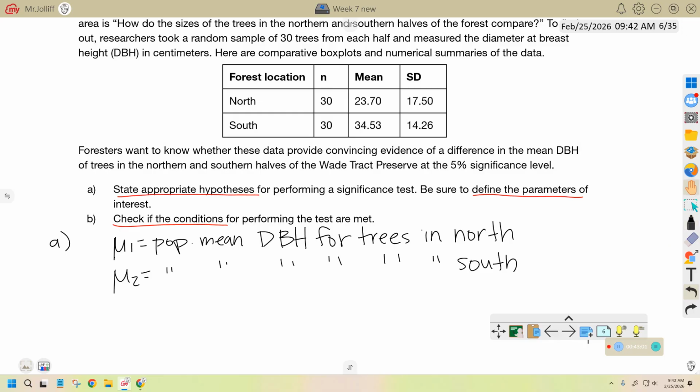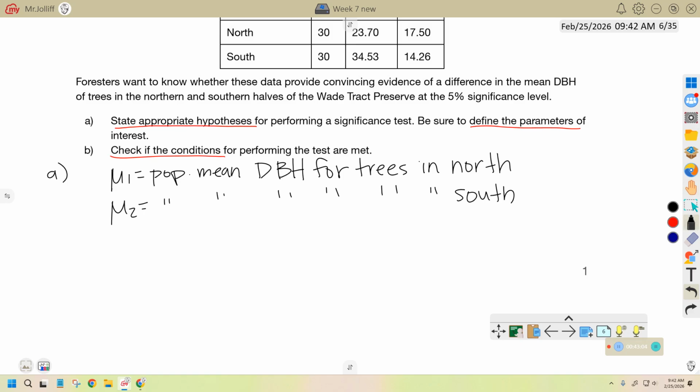Good. There was one other thing they asked me to do, which was hypotheses. So I'm going to set up my labels. Null hypothesis label, alternative hypothesis label. I know I'm looking at a difference in means, so my variables should be mu1 minus mu2. I know that the default for the null is equal to 0. We assume that the population means are equal. And then we scan the word problem for a hint about the alternative.